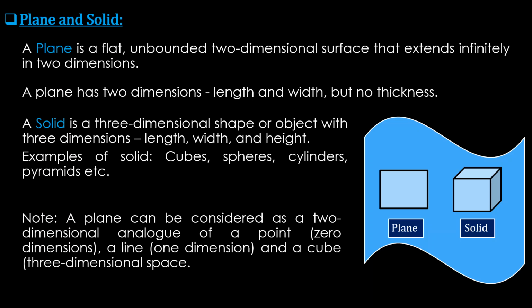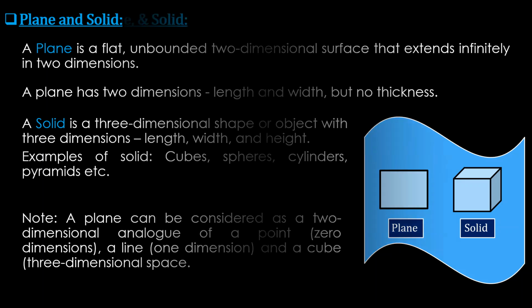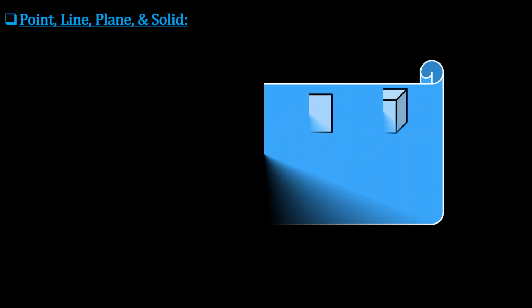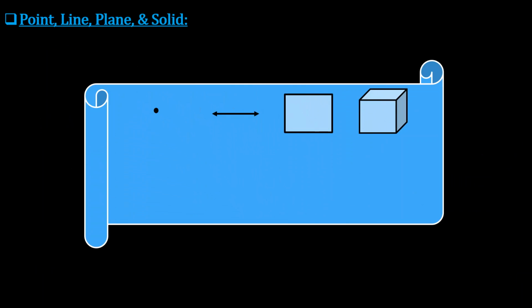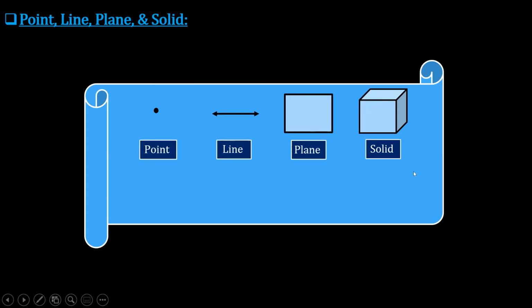Note, a plane can be considered as a two-dimensional analog of a point, which is zero-dimensional, a line, which is one-dimensional, and a cube, which is three-dimensional space. So this is the relation: point, line, plane and solid. These are the shapes we can see. First one is a point, this is a line, this is a plane, this is a solid.